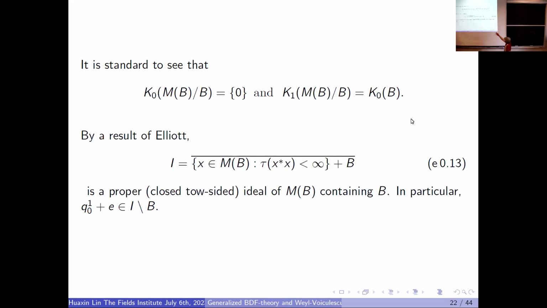So look at B, still the same B. By a result of George, you have a unique ideal, a proper ideal. Instead of continuing the construction, maybe I'll just draw something. So you have an ideal. This ideal is contained in B. So you have another quotient. Let me write it this way.